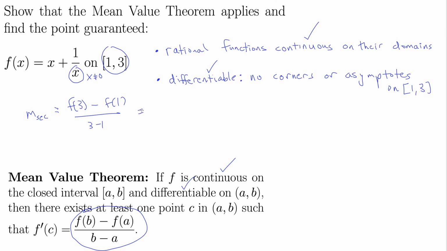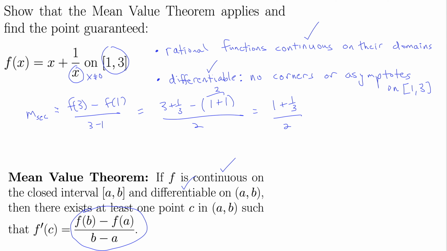All right, so now we just do a little bit of algebra and simplification here. f of 3, 3 plus 1/3, minus f of 1, so parentheses 1 plus 1, all over 2. Okay, so let's see here. This is going to be 3 minus 2, that's 1, plus 1/3, all over 2.